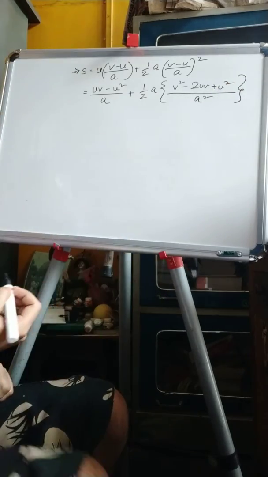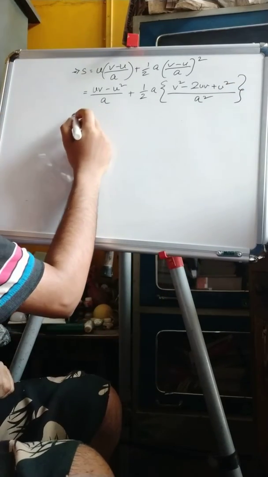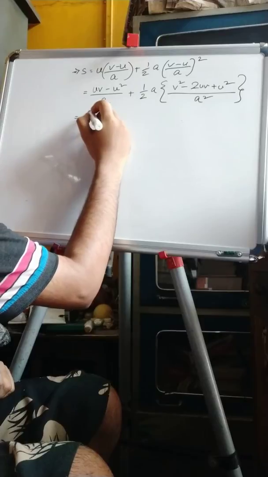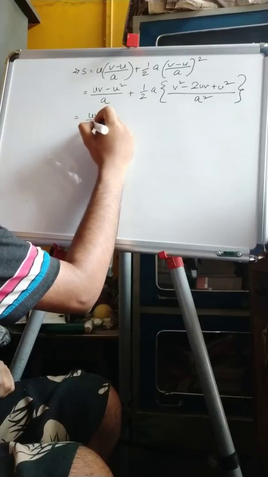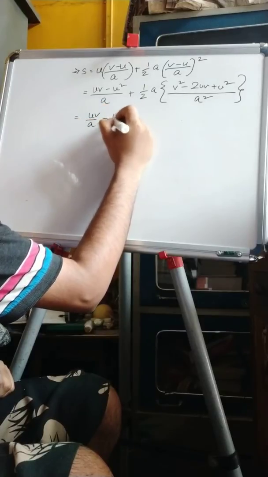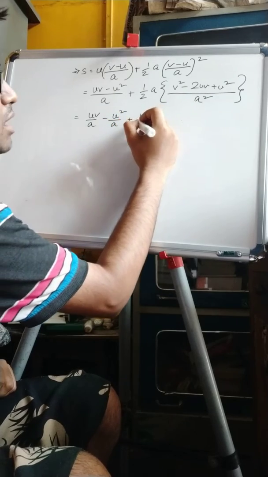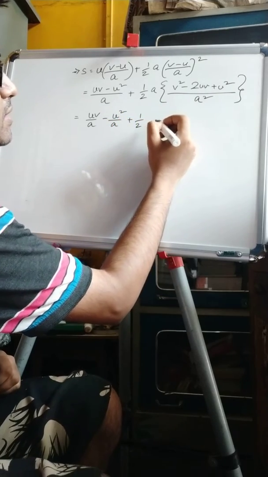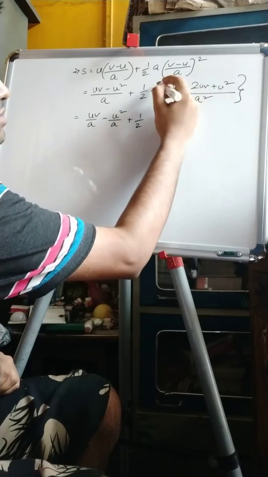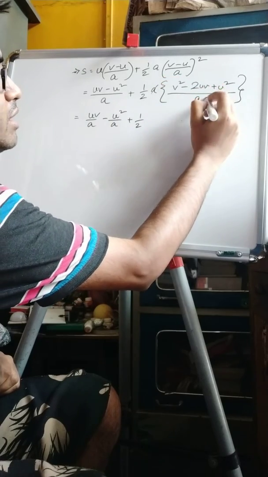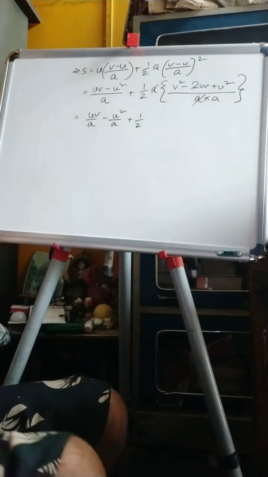Am I clear? Now it would be uv by a minus u square by a plus half of, if we cancel, it would be a into a, so one a would be cancelled.